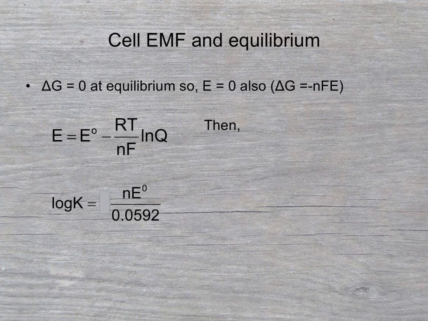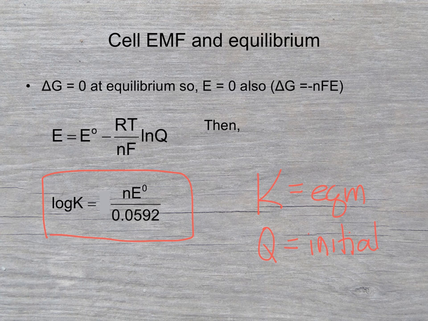If you're looking at equilibrium, you would use this equation: log of K equals N, the number of electrons, times E0 for the cell, over 0.0592, to help you find E cell values and Q or K. Remember, K is at equilibrium and Q is at the initial starting concentrations.